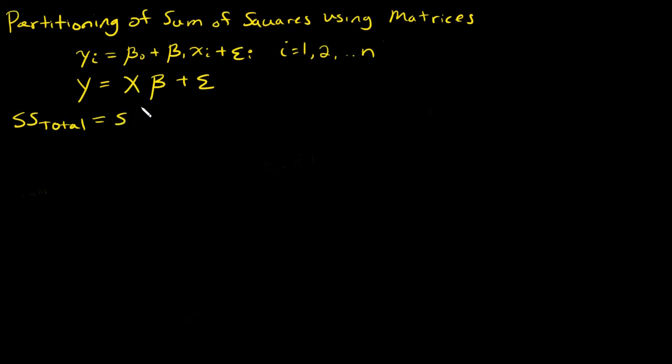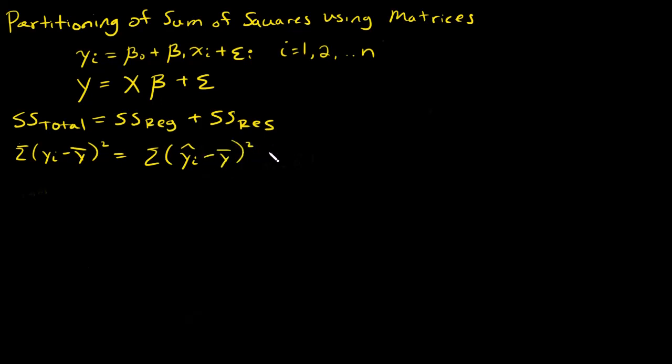Previously, when we broke out our sum of squares, we said the sum of squares total equals the sum of squares regression plus the sum of squares residual. We've already shown that the total is the sum of yi minus y bar squared, which equals the regression sum of squares, the sum of yi hat minus y bar squared, plus the sum of squares of the residuals, the sum of yi minus yi hat squared.